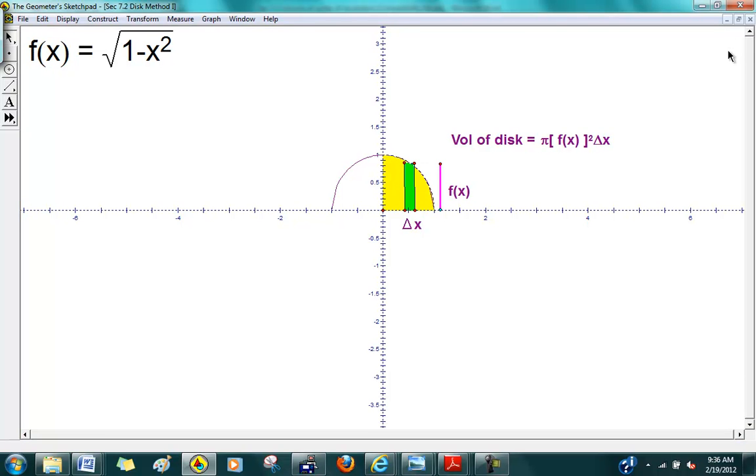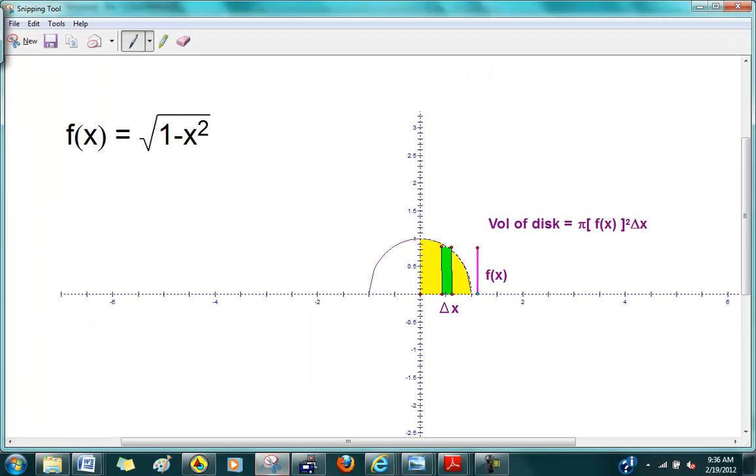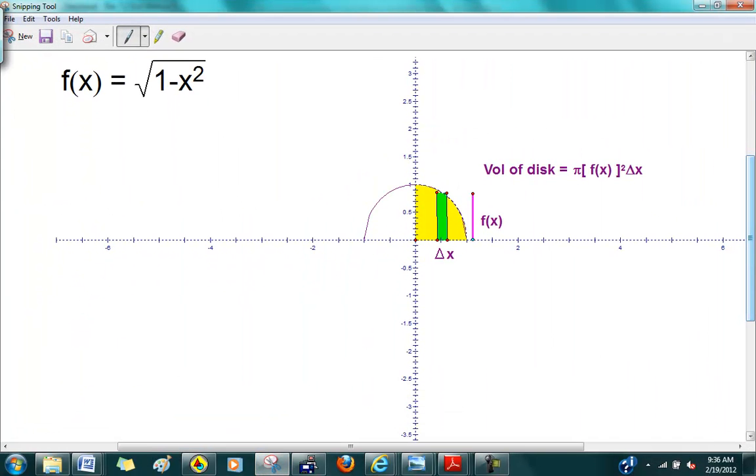And here's the diagram. What we're going to do is rotate that yellow region about the x-axis. Here is my representative rectangle.